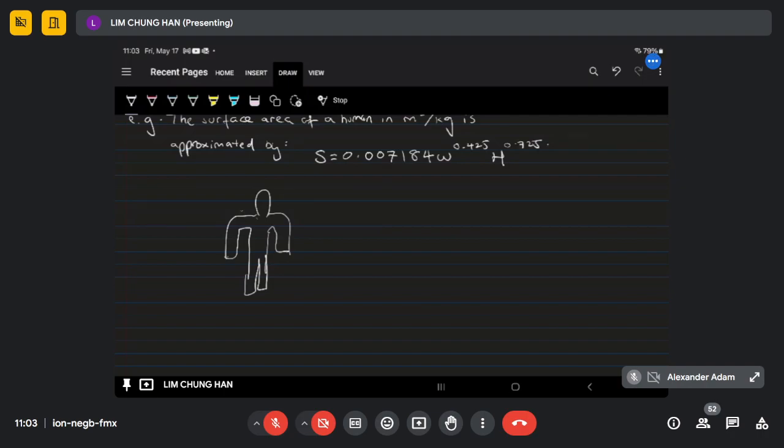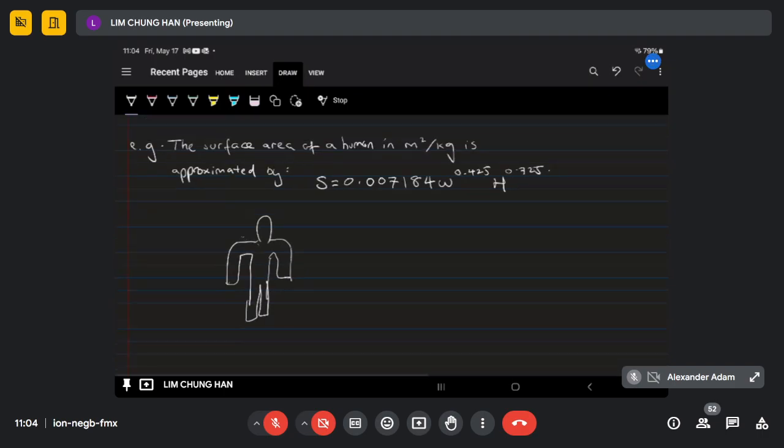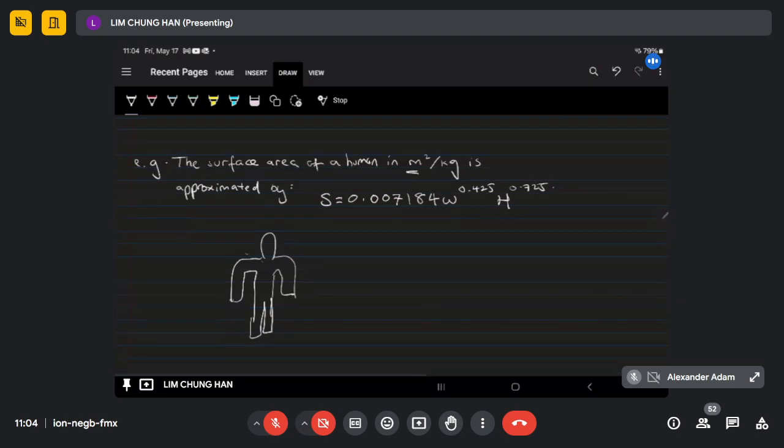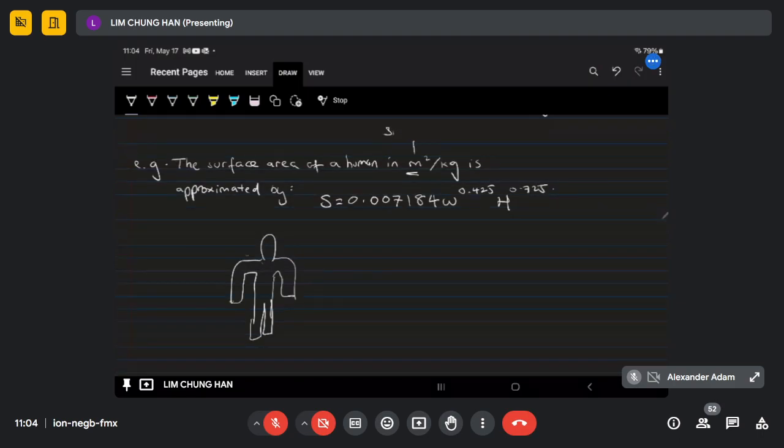So if I kill you, I take off your skin, there is a specific amount of skin area that I can take and sell to the shops. This surface area of skin has a relationship with your body weight. So m squared is your skin area. Kilogram is your body weight.